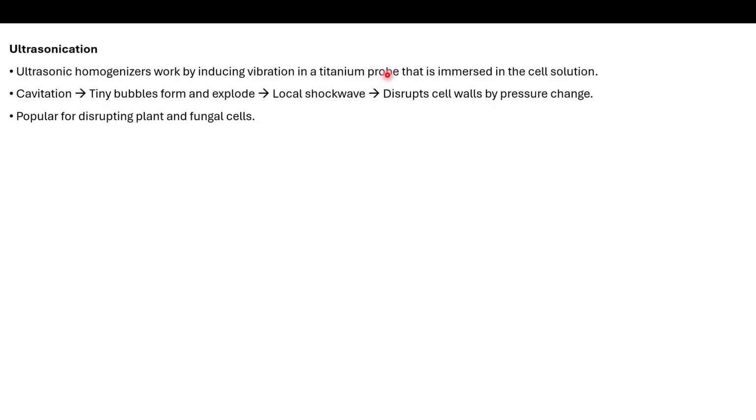Then there is this phenomenon called cavitation, where tiny, unequal-sized bubbles are formed, which explode, and local shock waves are sent across the cell suspension. Due to these shock waves, pressure changes occur and disrupt the cell wall, letting the intracellular content out of the cells. Sonication is used for bacterial cells, plant cells, and fungal cells.